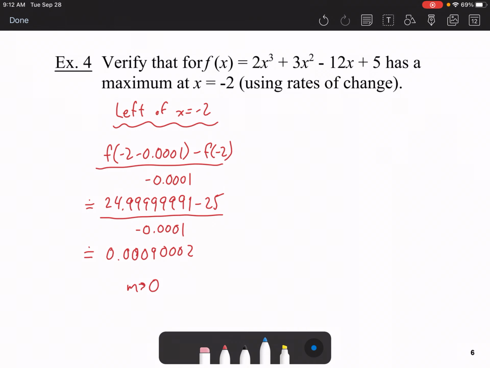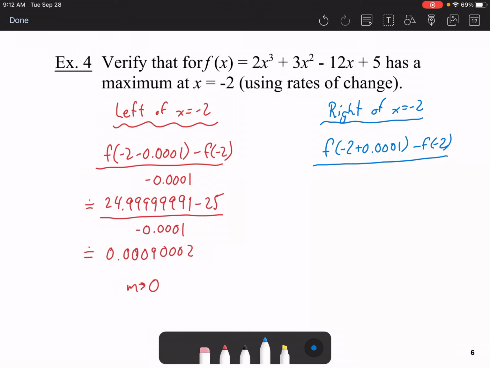So let's take a look at the right. We're looking at f at -2, and this time we're adding 0.0001. Wow, interesting. This turns out to be 24.999999991 minus 25.